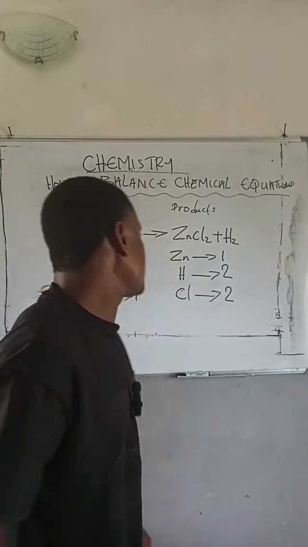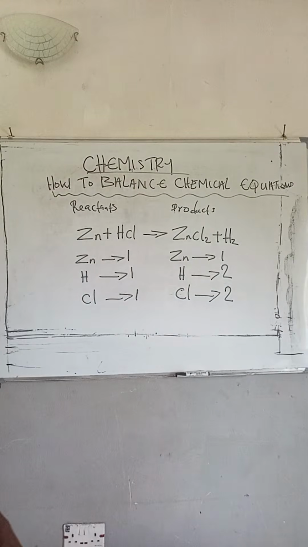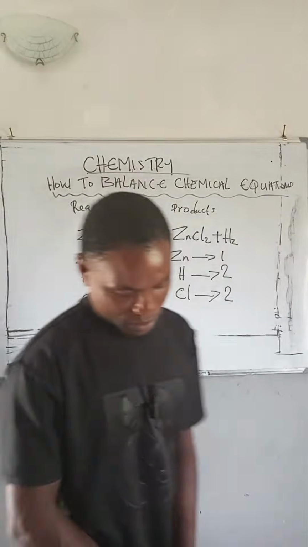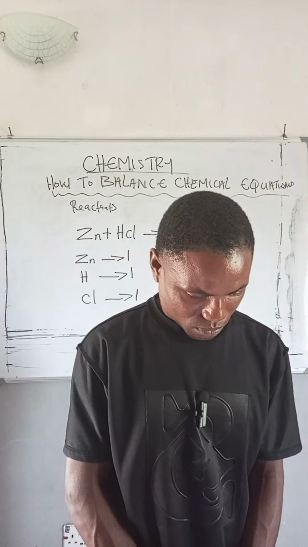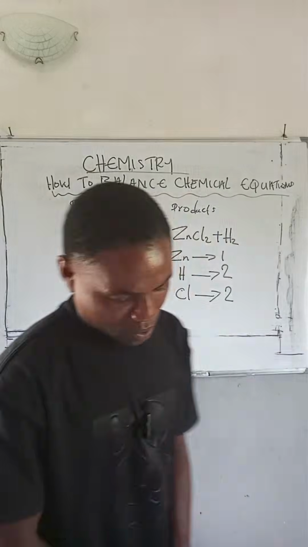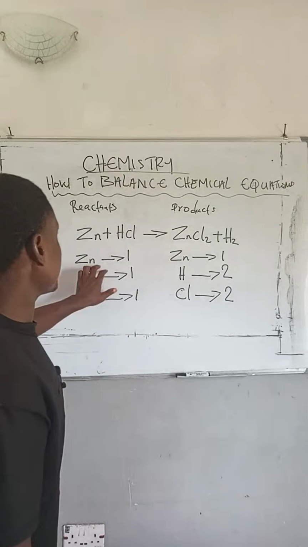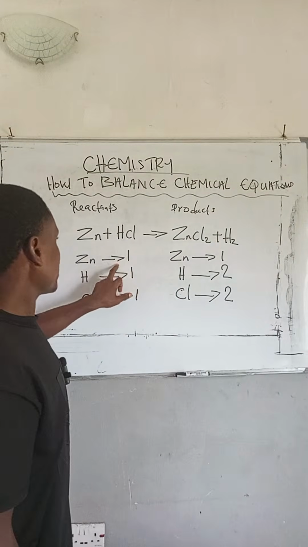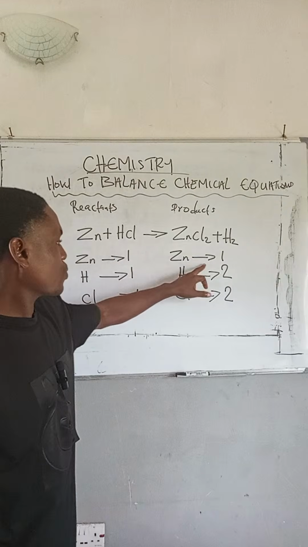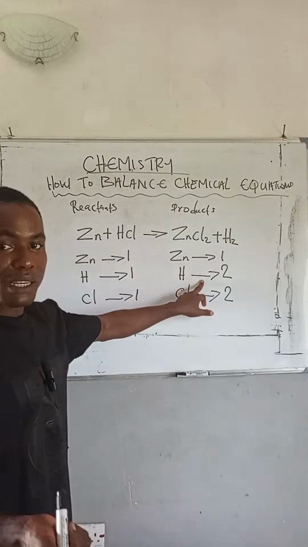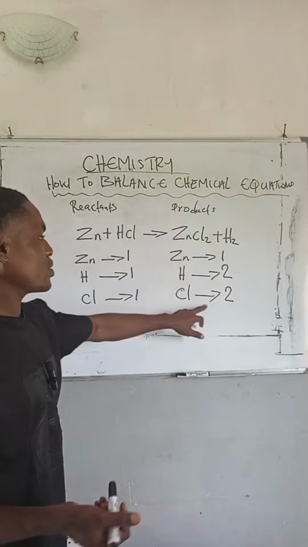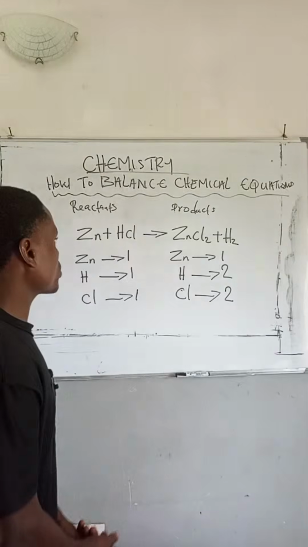Okay, so let me check. The reaction, you notice that zinc here is one, here is one. The hydrogen here is one, here is two, meaning it's not yet balanced. So what are we going to do now?